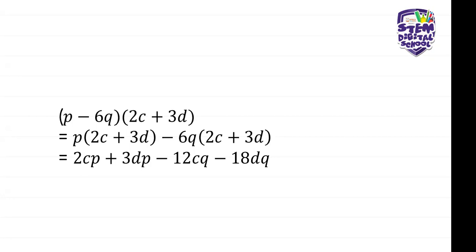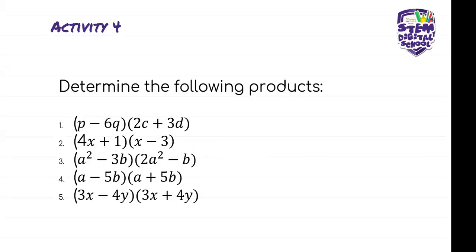Now that I've demonstrated to you the first one there, I hope that you can be able to proceed with the rest. So let's take one there as an example. And then I want you now to do number 2, which is 4x plus 1 into x minus 3.